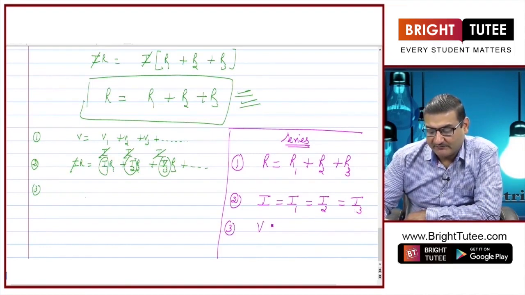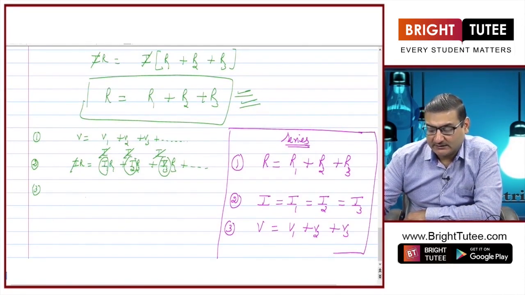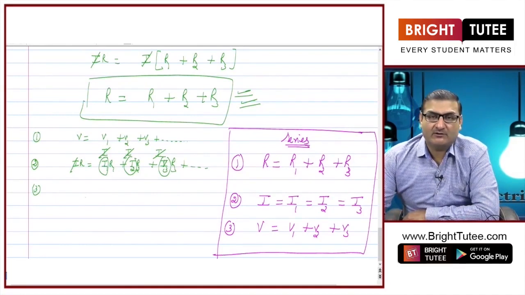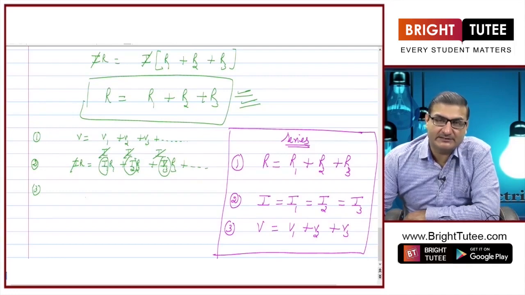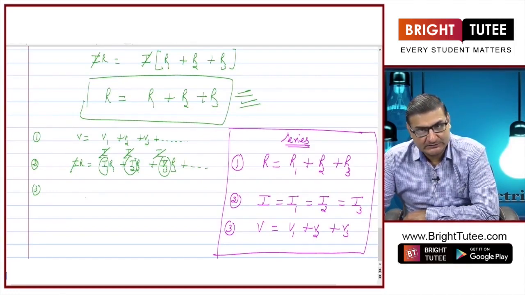Third thing is V is equal to V1 plus V2 plus V3. These are the three conclusions that we need to remember when we are talking about series combinations. Clear to all? Sure? Good.